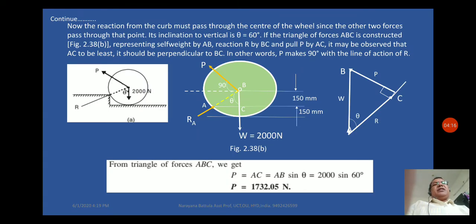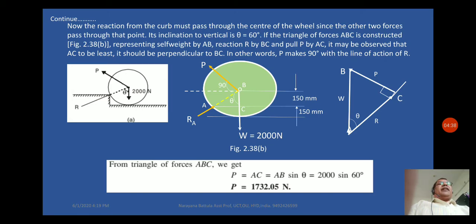In the continuation of this same problem, now the reaction from the curb must pass through the center of the wheel, since the other two forces pass through the point. Its inclination to the vertical, theta, is equal to 60 degrees.